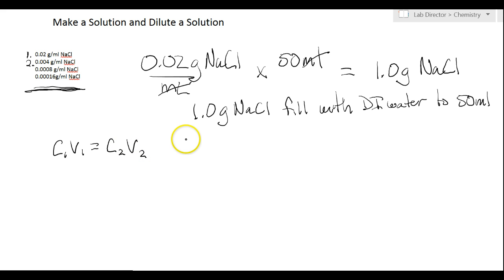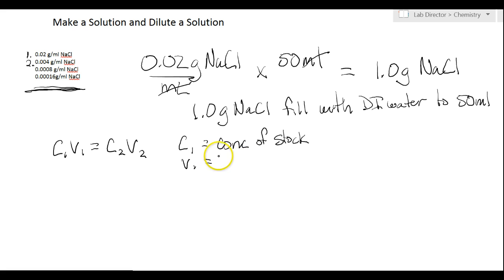And in this equation, C1 is the concentration of whatever I'm starting with. In this case, it's our stock solution. So sometimes we call our most concentrated one the stock solution. So C1 is the concentration of our stock solution, which in this case is the 0.02 gram per milliliter of NaCl.